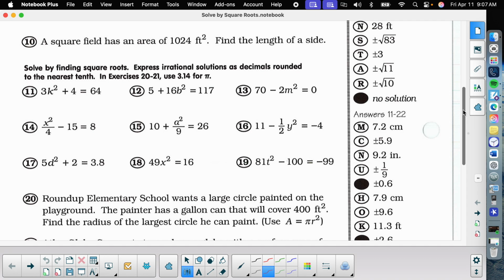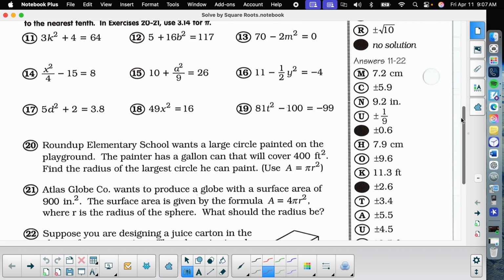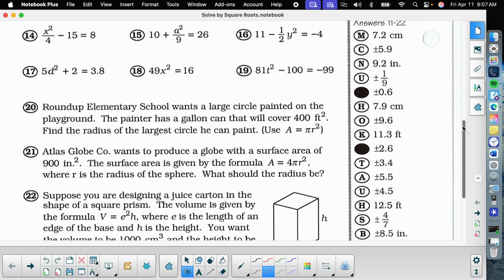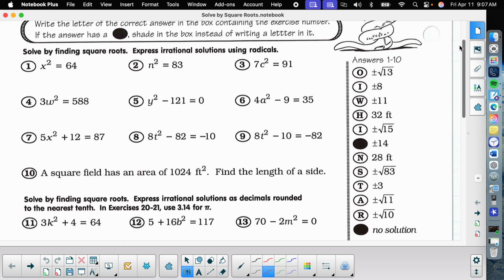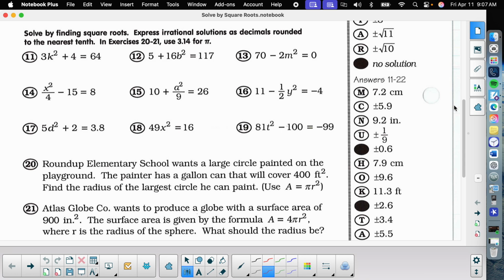The answer is either gonna be perfect or a decimal. Oh, looks like they're all decimals. Do they only have perfect ones on the top? Yes. Okay. Well, the bottom half, the 11 through 22, this is where your answers will be.